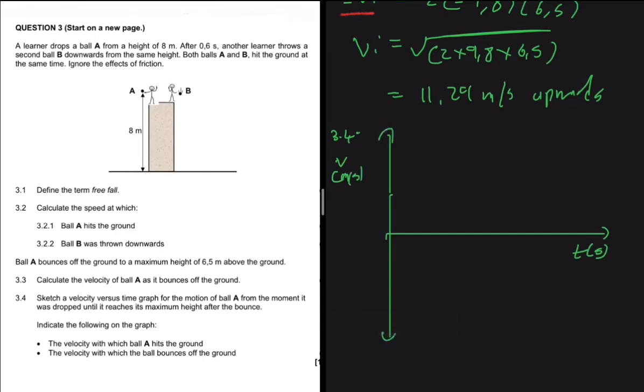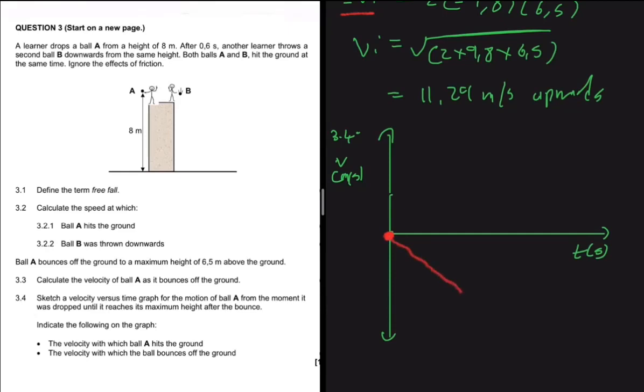Yeah, we're supposed to have something like this. And then our starting point, the ball is being dropped, right? So we must start with a velocity of 0, and then after that it starts going down and its velocity is increasing. So since we take up as positive, we must have something of this manner, right?